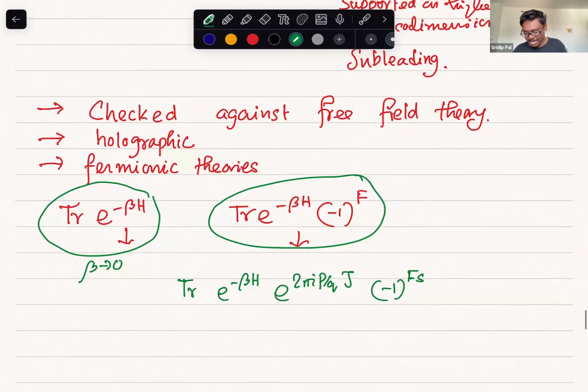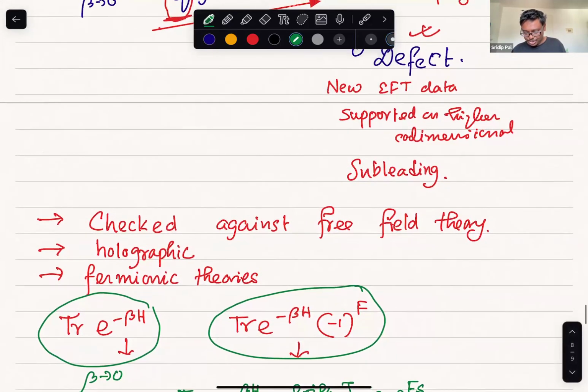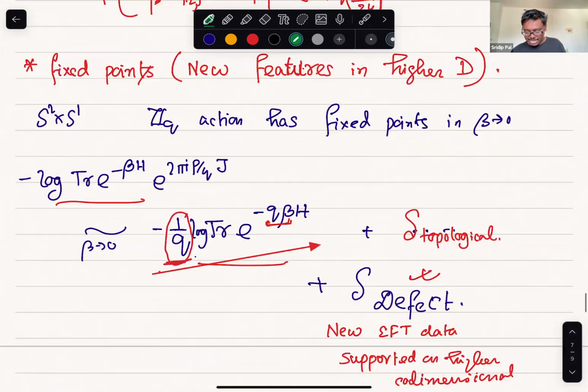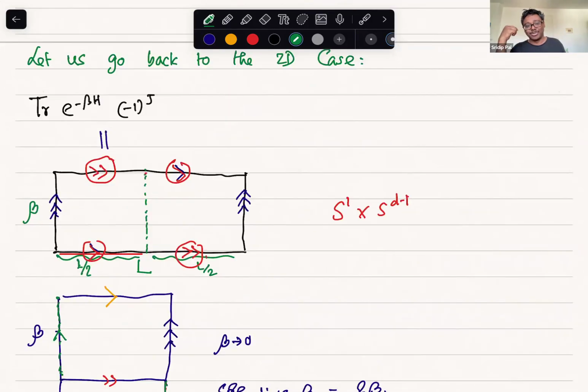And the final point I want to make is that this stacking argument, where I take this piece and put it on top of each other, doesn't really rely on the fact that it's a CFT. So it also works for massive field theory. In a massive field theory, the proper thermodynamic limit is the L going to infinity limit, rather than the beta going to zero limit.